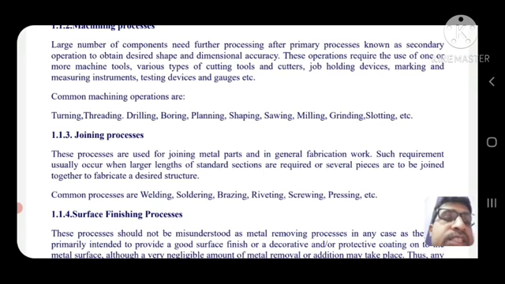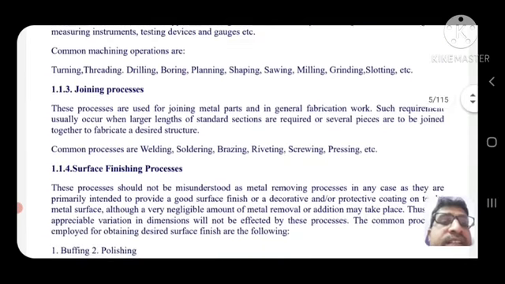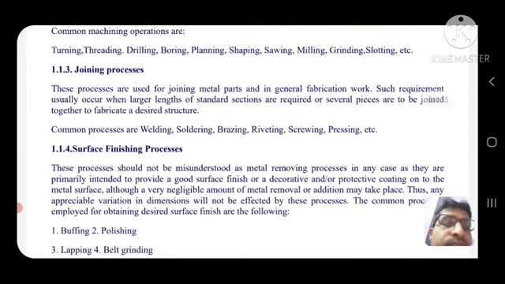In general fabrication work, such requirements usually occur when larger lengths of standard sections are required or several pieces are to be joined together to fabricate the desired structure. Common processes are welding, soldering, brazing, riveting, screwing, and pressing, etc.